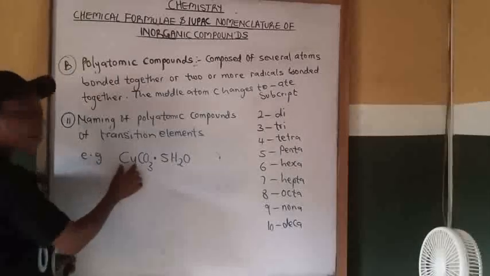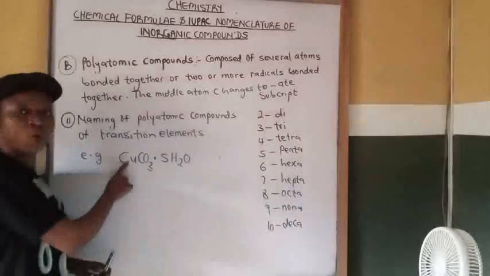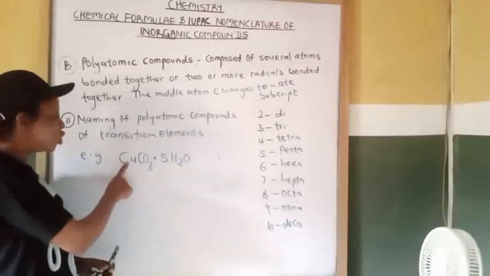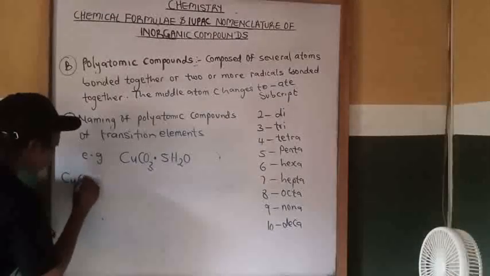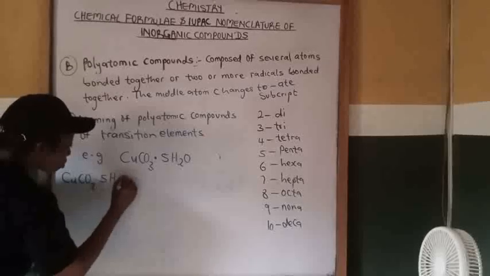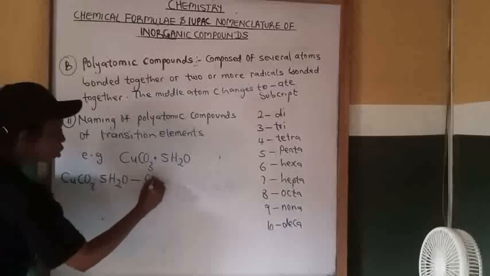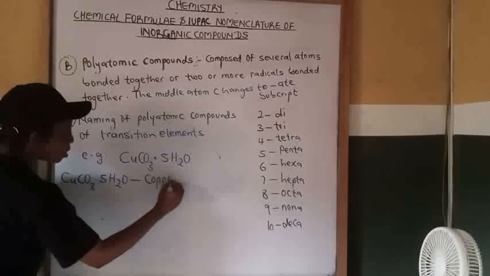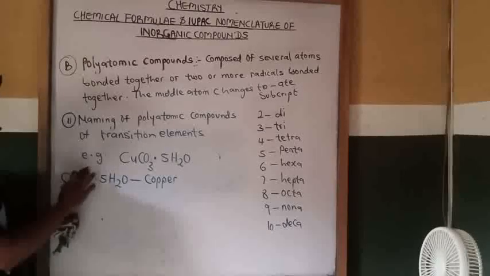So let's name this compound now. Copper is a transition element, so we name copper fully, followed by its oxidation number in this compound. What is the charge on copper?